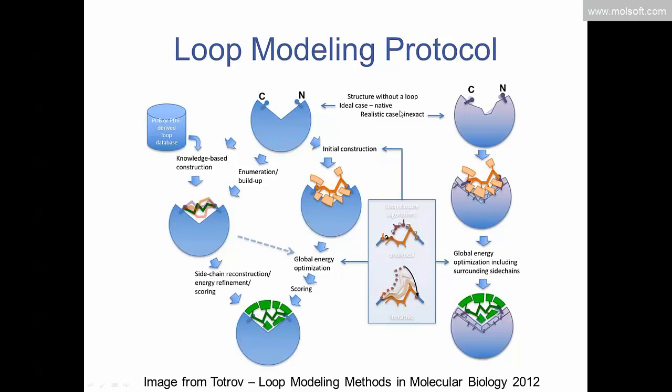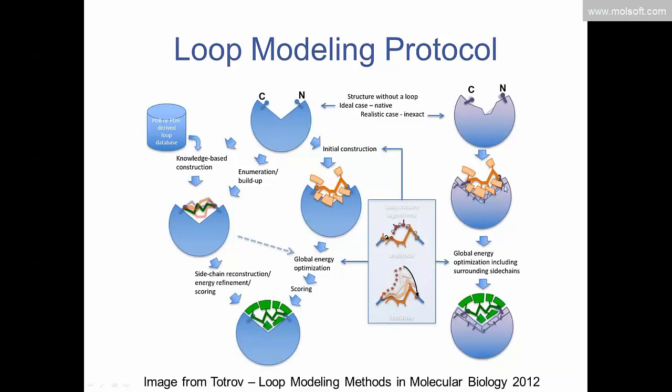But the reality is that this is like an ideal case, where you know exactly where the C and N terminal is. In most modeling cases, there's ambiguity about the exact position of the C terminal and the N terminal of your loop. So it's kind of an inexact environment, and this is a more realistic starting point.